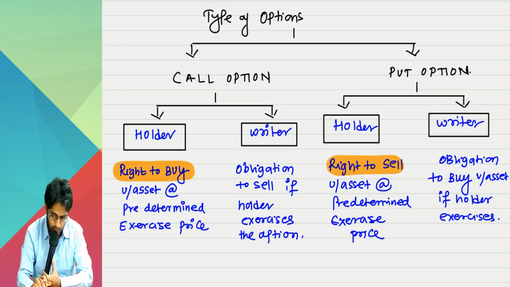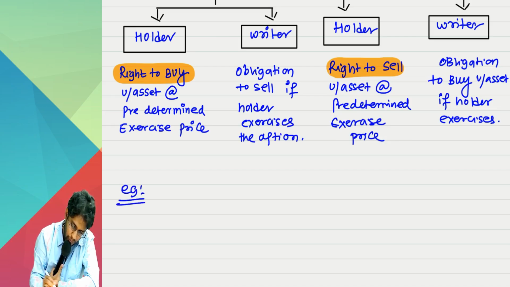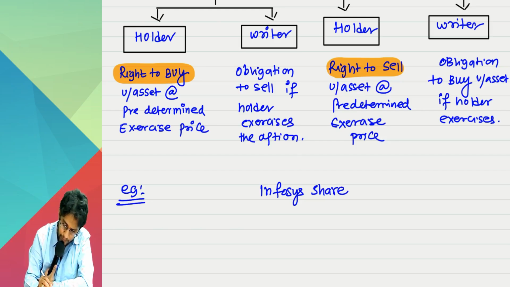Now let's take an example. Imagine Infosys share is there. Based on Infosys share, there is a call option, with X equal to, let us say, 2500.